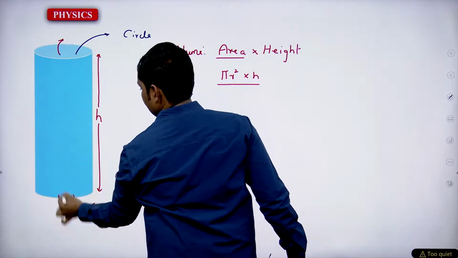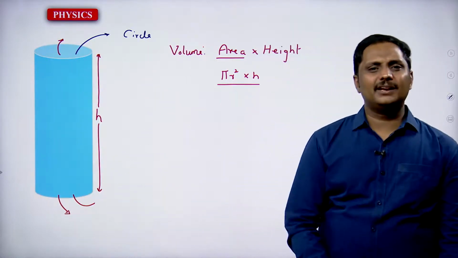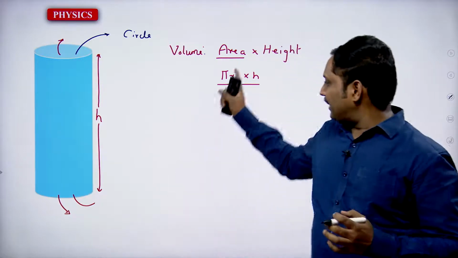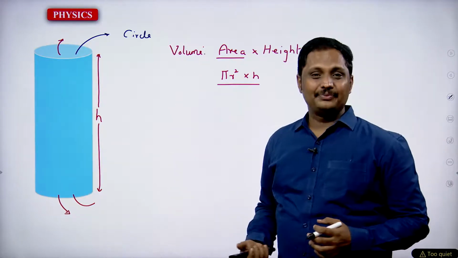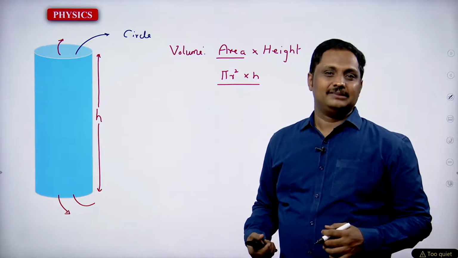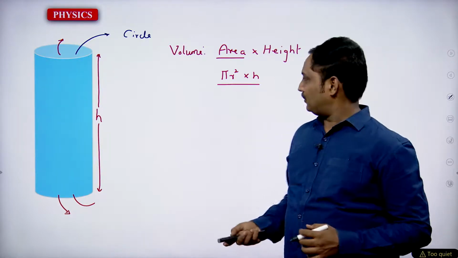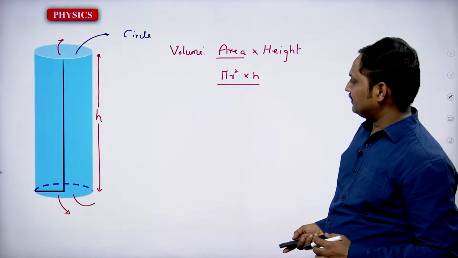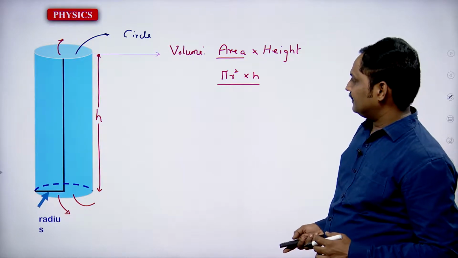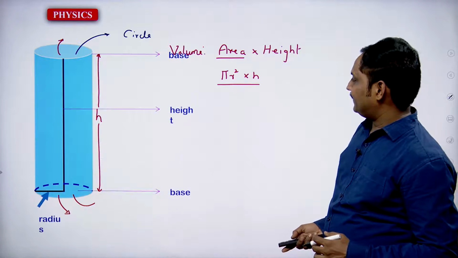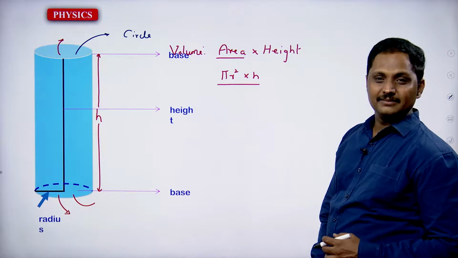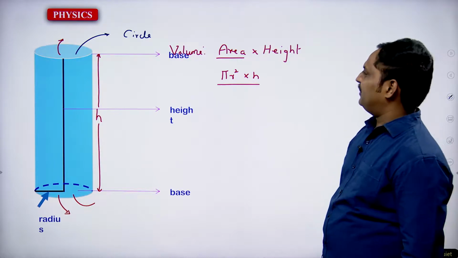In this way we can measure the physical quantities. The method of measurement depends on the shape. This is very clear. Base, height, just you have to see that. Easily we can measure.